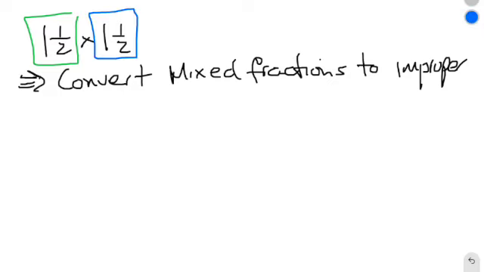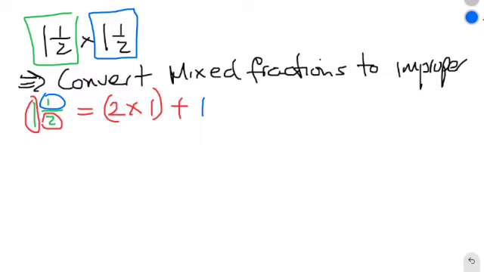We're going to do it separately, even though it should give us the same result. So that first 1 and 1 half, if we convert it to an improper fraction, we say, first of all, this 2 multiplied by this 1, so it should be 2 times 1, and then plus this 1.